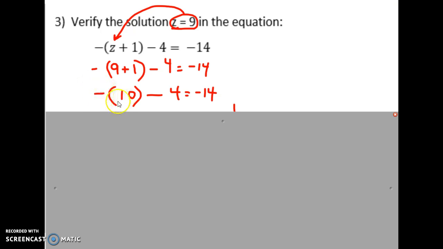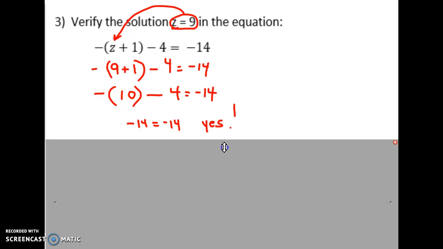However, this negative sign means we're dealing with a -10. So -10 minus 4, if you want to do your keep, change, like you learned, this is going to continue to give us -14, which we realize, hey, I had -14 on the other side. That is a good balanced equation. So we say yes, this is the solution to the equation.